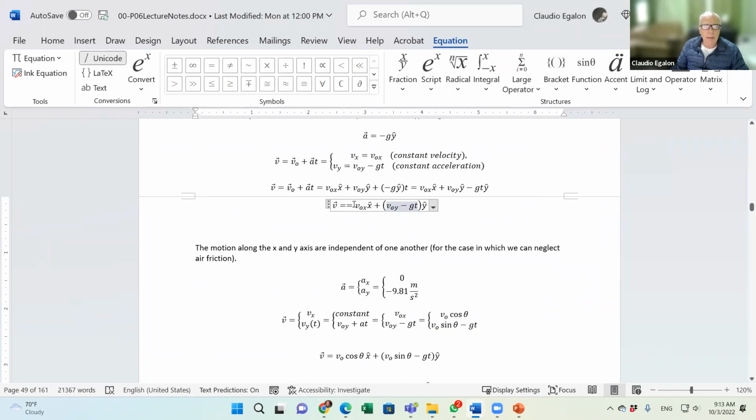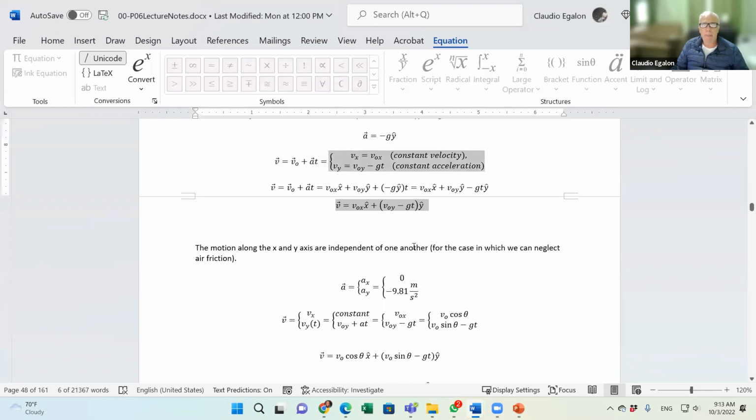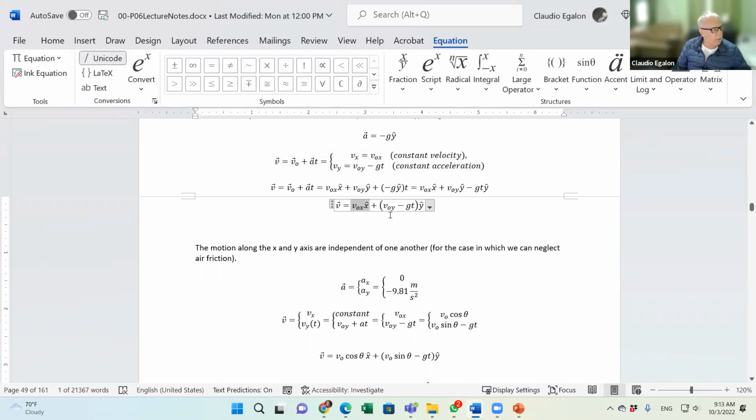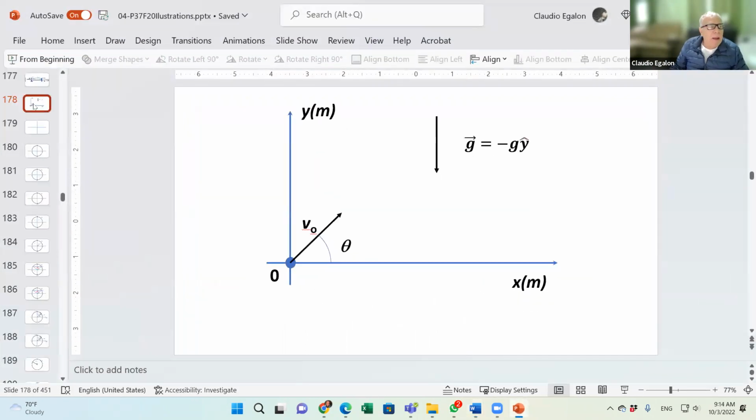So what you see right in here is exactly what I wrote right in here. Okay, constant velocity along the x-axis, constant accelerated motion along the y-axis. And what does it mean in terms of the path of the particle? Okay, in terms of the path of the particle, it means the following.